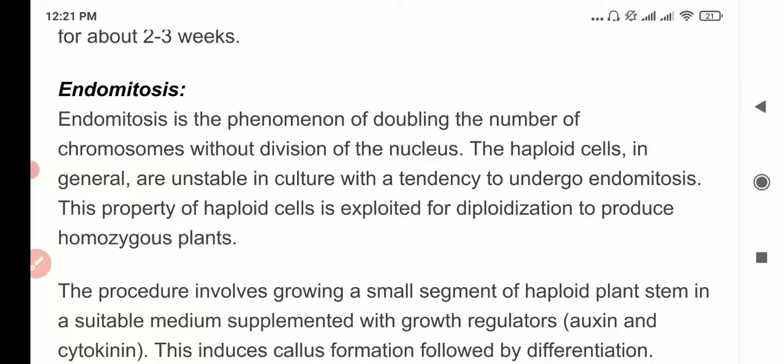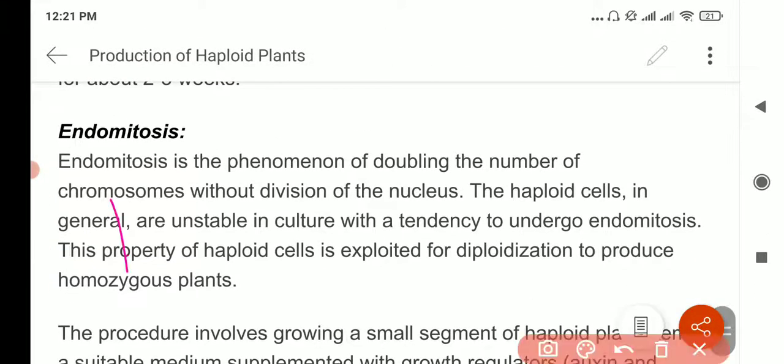It is the doubling of the number of chromosomes without division of the nucleus. In general, haploid cells are unstable in culture and have a tendency to undergo endomitosis. It is in their own nature. It's like a habit of chromosomes to always be paired.